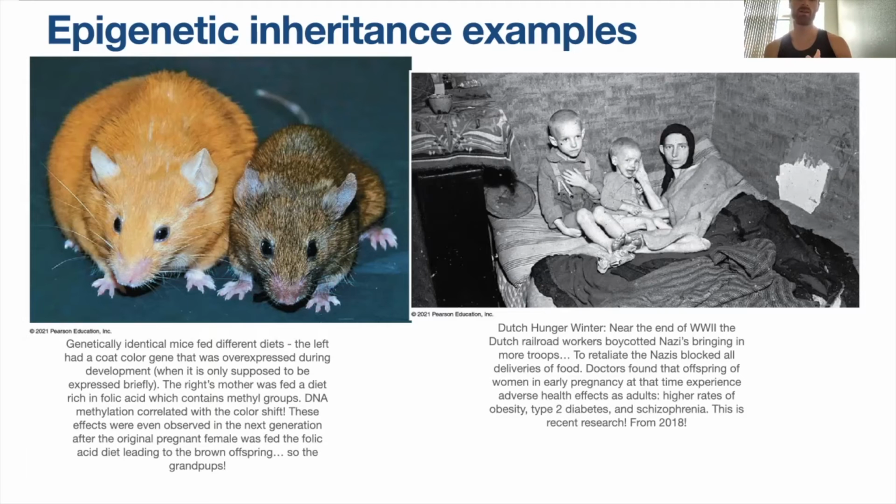These adults, today, the ones born during this starvation period, had higher rates of obesity, type 2 diabetes, and schizophrenia. It was statistically significant. But they looked at the same mothers as well, who had more children after this, when they were fed and healthy.